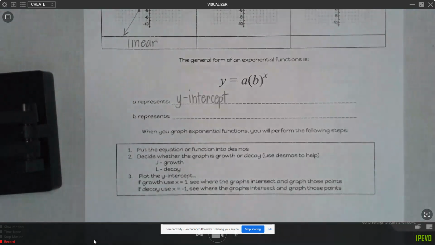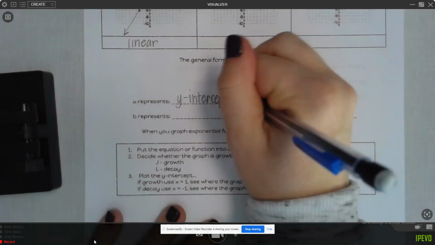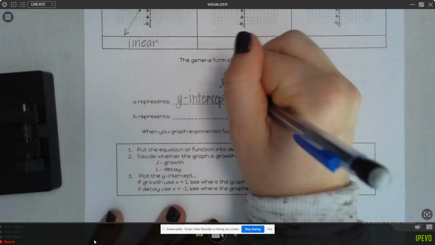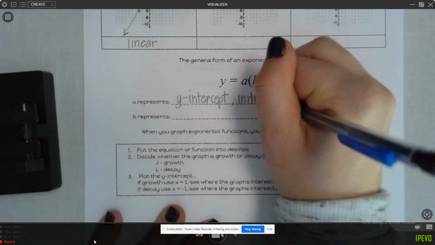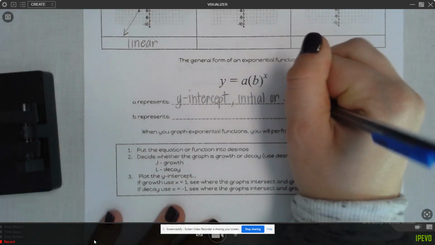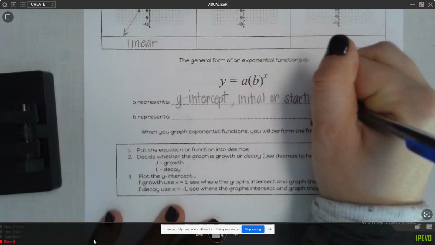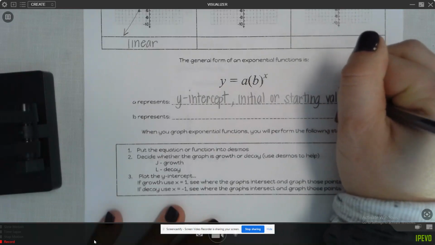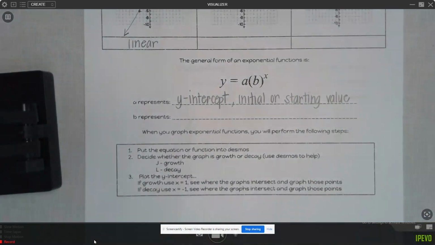This is also called my initial or starting value. Those are the three things you might hear when it comes to that A value. Y-intercept, initial value, starting value.